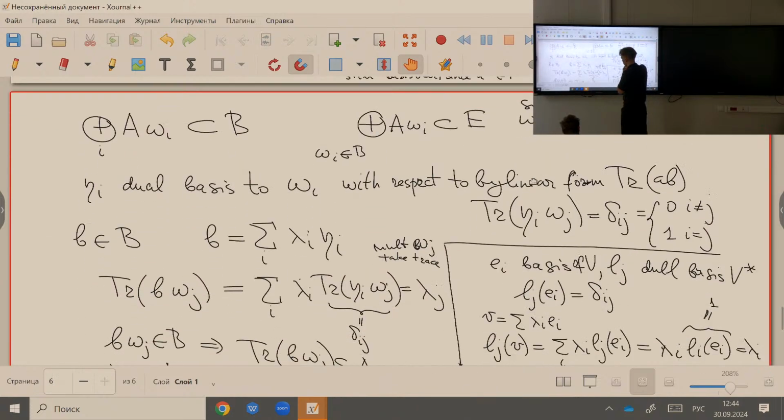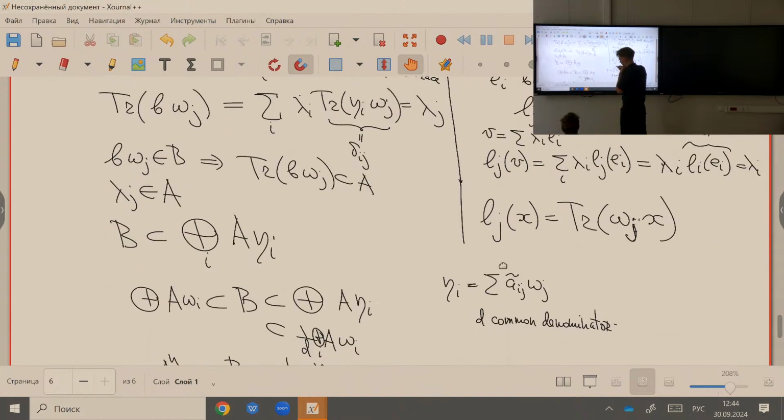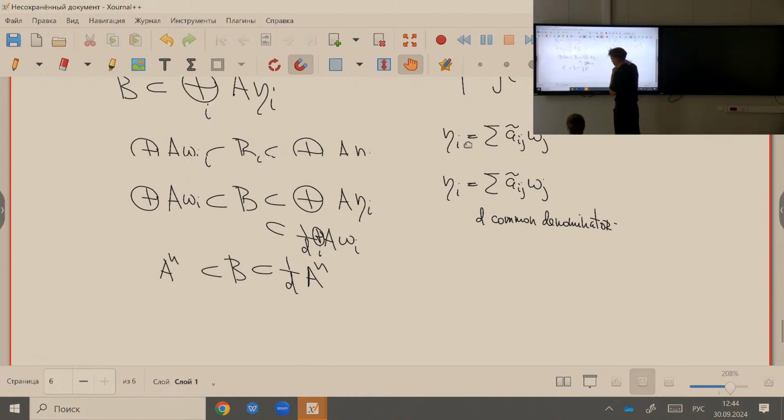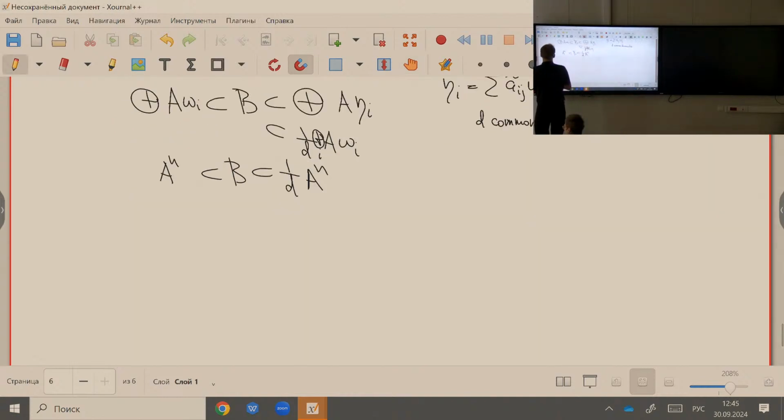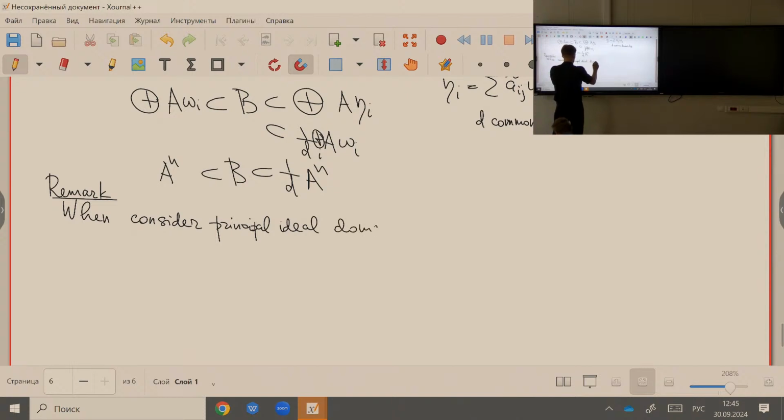Yeah, so notice that this has an interesting corollary. So, remark: when we consider unique factorization and principal ideal domains, meaning that any ideal is principal.